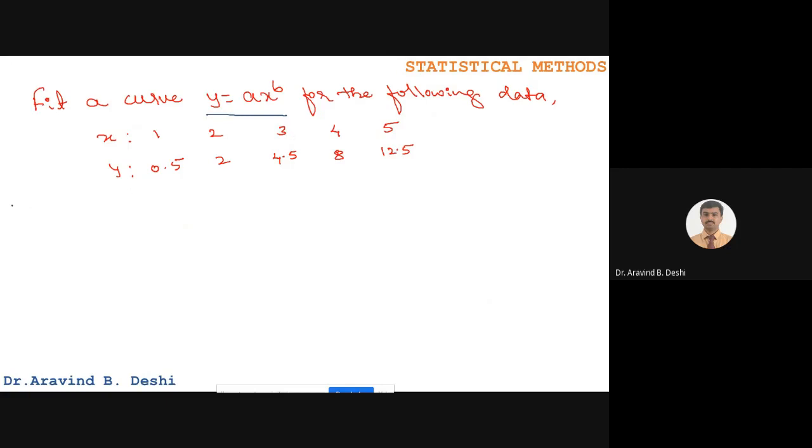Like the procedure explained, first we need to apply log to the given curve.